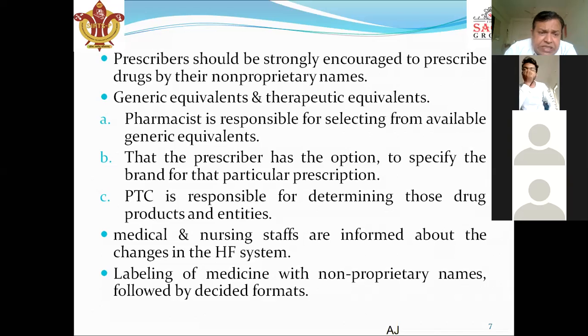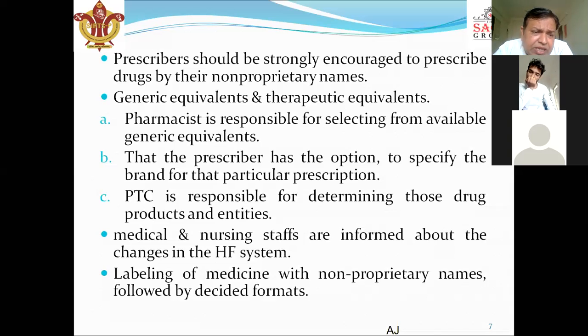Now, PTC is responsible for determining those drugs, products and entities. For next year's planning, PTC can include that particular medicine in the hospital formulary. Now, medical and nursing staff are informed about the changes in the hospital formulary system.